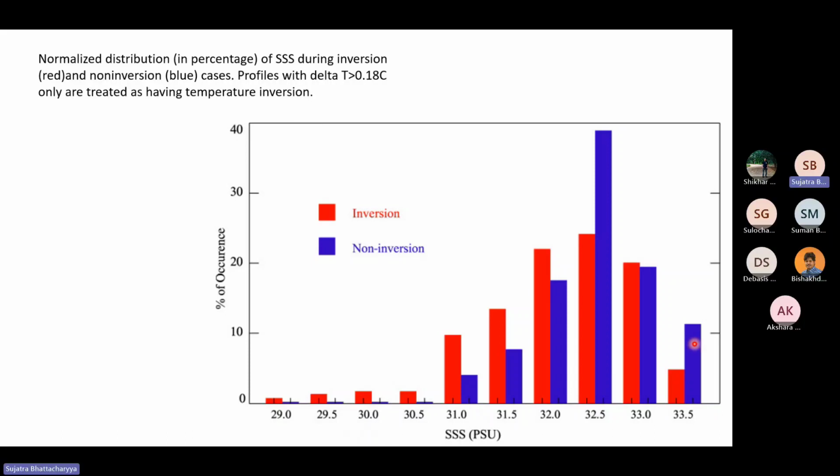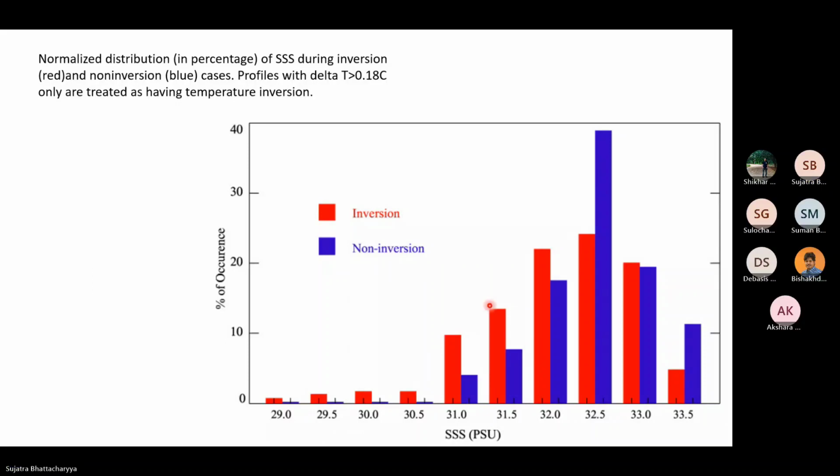So I think all the red ones add to 100, all the blue ones add to 100. All right, yes, so that's correct. Actually, yes, we have taken the whole period for inversions and then taken the percentage for each of the particular bins.